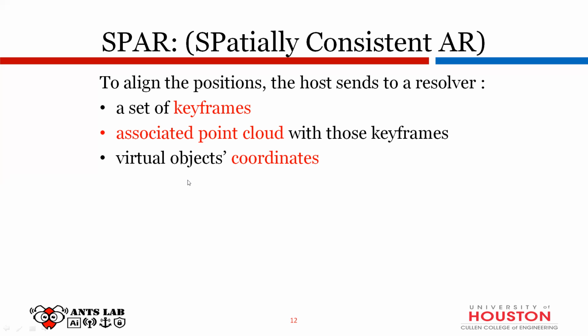So here, do they mean, for example, that the keyframes are like some snapshots or pictures from a continuous camera? I just take some snapshots. And the associated point cloud with those keyframes is all the possible objects, whether virtual or real, and their coordinates in this snapshot. And the virtual objects' coordinates are the virtual things we generate, their coordinates.